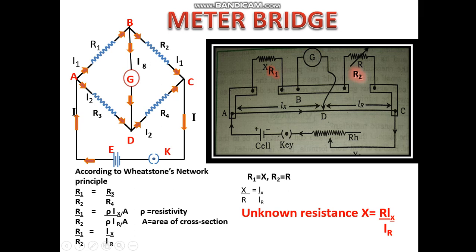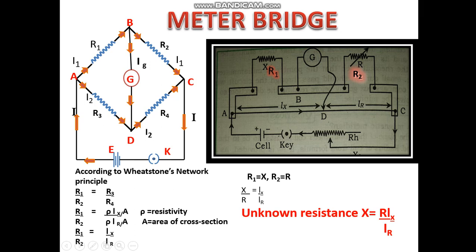Remember that. That is, the current through the galvanometer is 0. At point D, there is a jockey which can be moved on the wire to show that the galvanometer shows 0 deflection. And under this balanced condition, this is applicable.